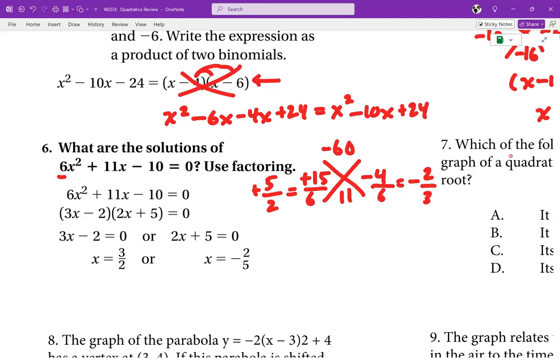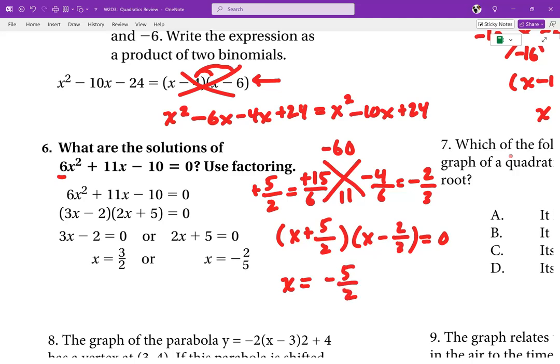Okay, so here are my factors: (x plus 5/2)(x minus 2/3) equals 0. Now you could move the 2 to the front of the x and the 3 to the front of the x as well, but since I'm solving, I'm going to skip that because I can solve a lot easier. My two answers are negative 5 halves and 2/3. So this is wrong, and this is wrong.